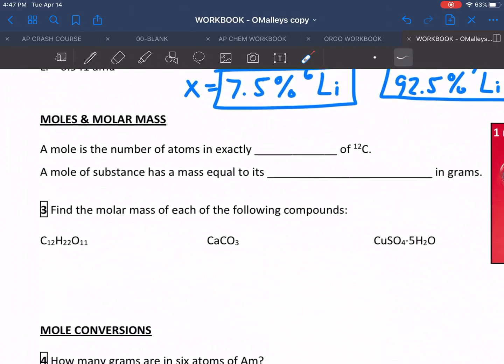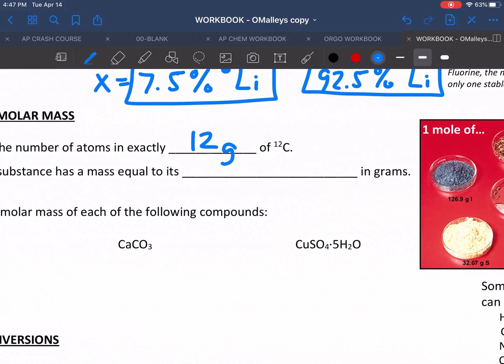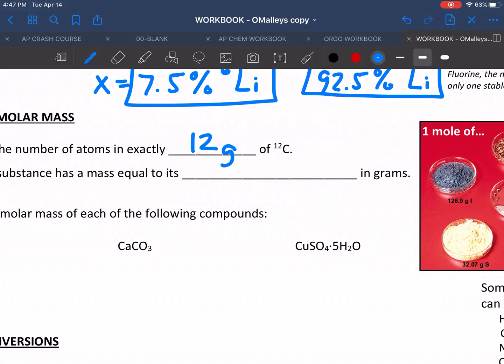Now the main reason we do this is we get what are called molar masses. A mole is the exact number of atoms found by definition in 12 grams of carbon-12. And every chemist should know Avogadro's number.